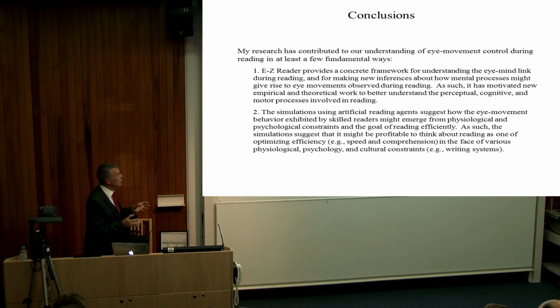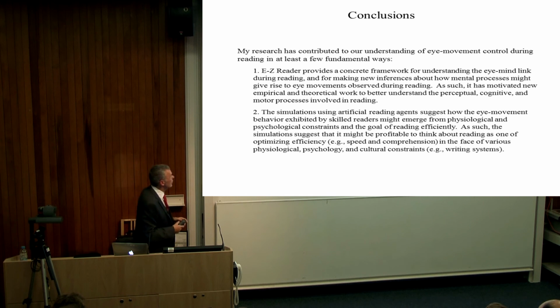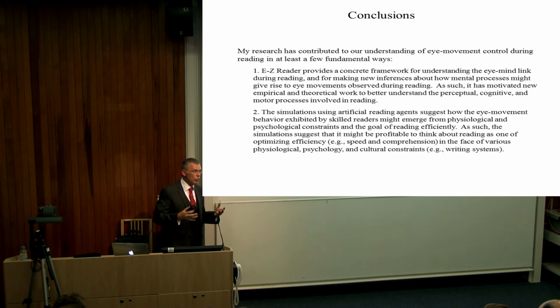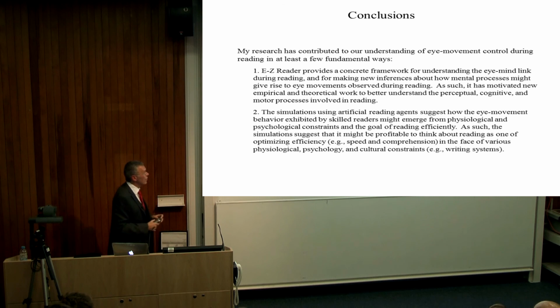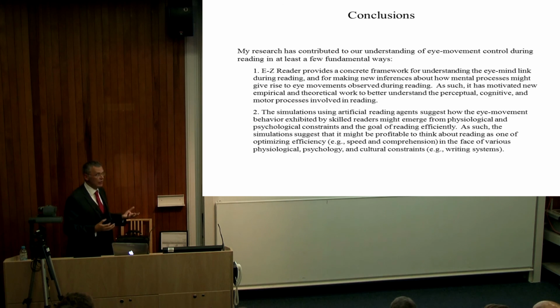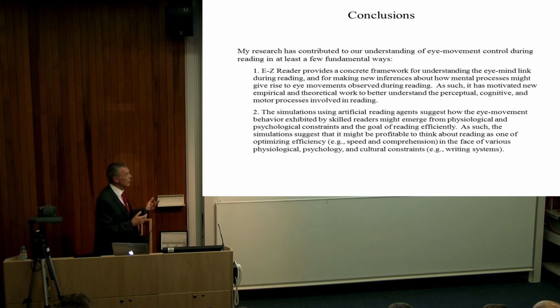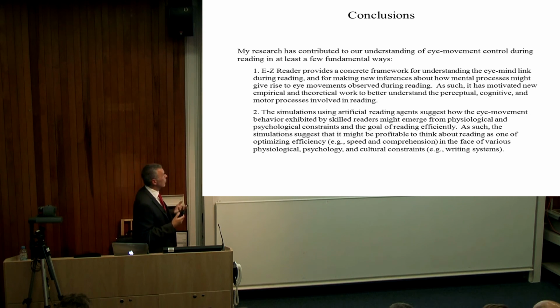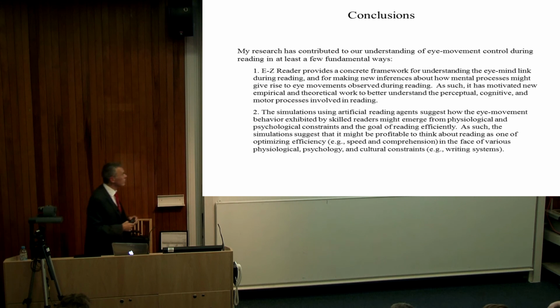As such, I think the model has been really useful because it's motivated quite a bit of new empirical research, but also the development of competing models that have been used to really drive the research forward. And currently, I'm still using the model really as a framework for thinking about these issues, the perception, cognition, and motor processes that are involved in reading.